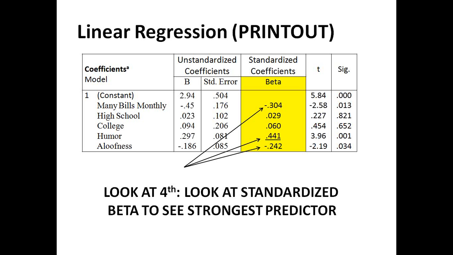We could see many bills monthly is negative 0.304. Negative doesn't matter. It's the size of the coefficient. So 0.304. Aloofness is negative 0.242, but humor is 0.441. So that's the highest value, meaning that humor was the strongest predictor in the model of happiness.